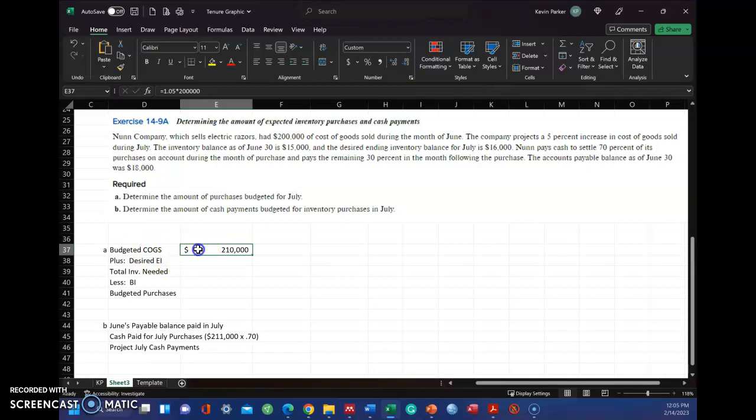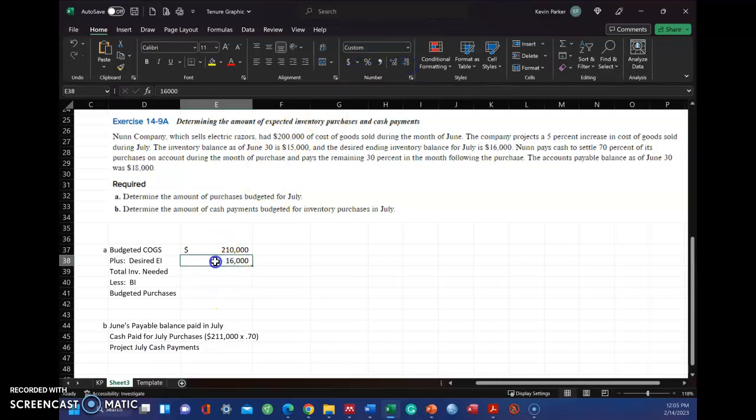Yeah, I got that right. Budgeted cost of goods sold is 210,000 plus desired ending inventory. Right here, the desired ending inventory is 16,000. And let's do a comma for those. We don't want a dollar sign.